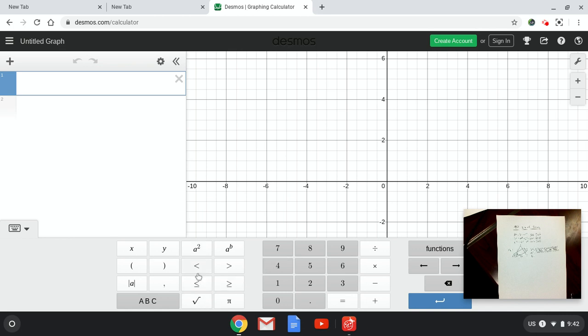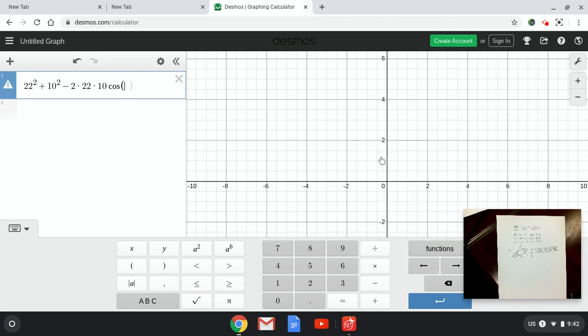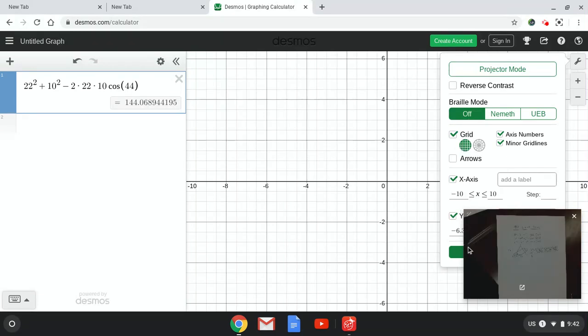I'm just going to type out the expression first. And just a reminder, I do need to change to degree mode here.